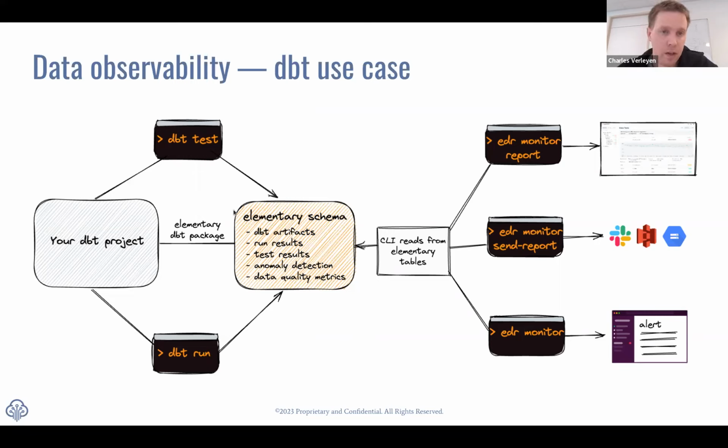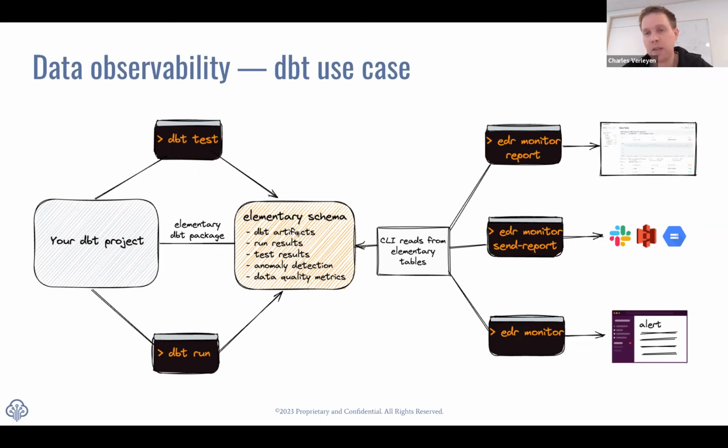It's good to see how the package works under the hood. So you install the elementary package via your packages.yaml, and every time you do a dbt run or dbt test, every time you do a dbt action, elementary will run as a hook after your dbt runs, and populate some tables.